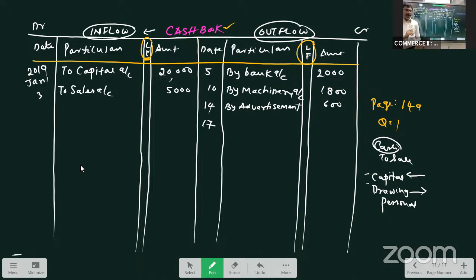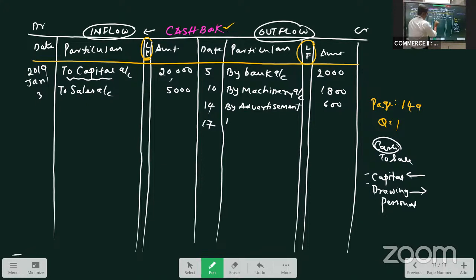So tell me, drawings, cash is going from the business to proprietor's pocket. And proprietor is an outsider, I told you. Like when he introduced cash, we write it on the debit side, no? जब बिजनेस में कैश इन्वेस्ट किया था तब हम लोग डेबिट साइड टू कैपिटल लिए. अभी प्रोपराइटर इज टेकिंग सम कैश फॉर हिज पर्सनल यूज, सो देयर इज एन आउटफ्लो ऑफ कैश.